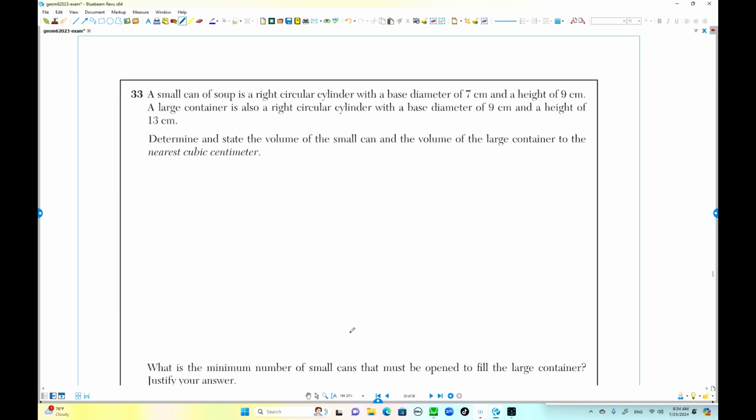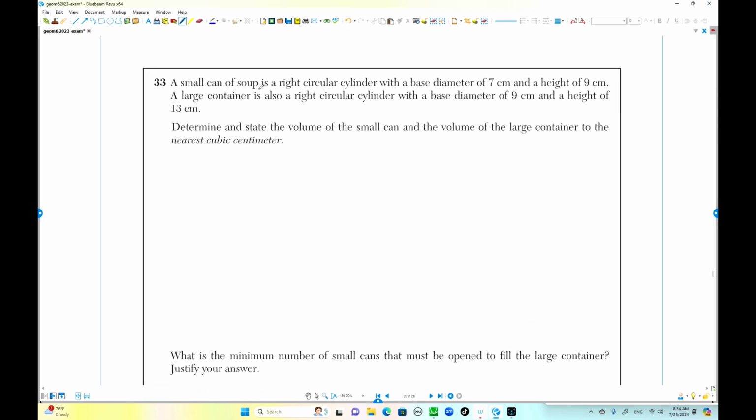Okay, move on to the next one. A small can of soup is a right circular cylinder.